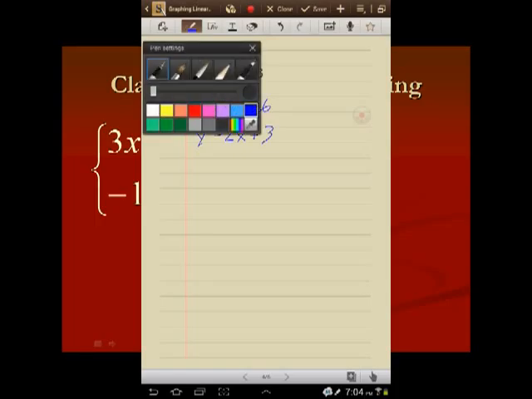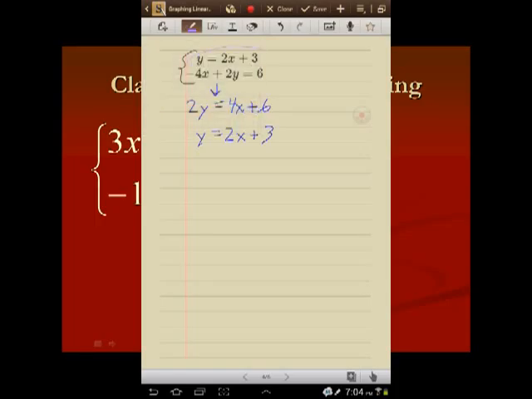Well, now look what we have. y equals 2x plus 3. y equals 2x plus 3. These equations, when we simplified them, came out to be the exact same thing. So these are dependent. They have an infinite number of solutions.